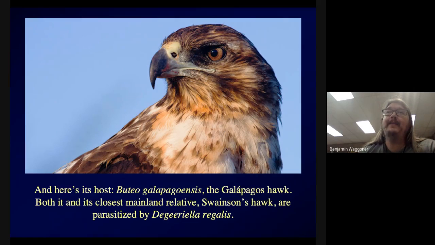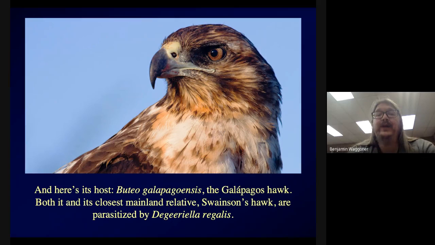I mentioned the Galapagos finches, but there are something like 4 unique Galapagos mockingbirds. There's a Galapagos penguin. There are Galapagos rodents. There's a Galapagos tomato. There are Galapagos prickly pear cactuses. And there's a Galapagos hawk, Buteo galapagoensis. This is in the same genus as hawks you would see around here in North America.